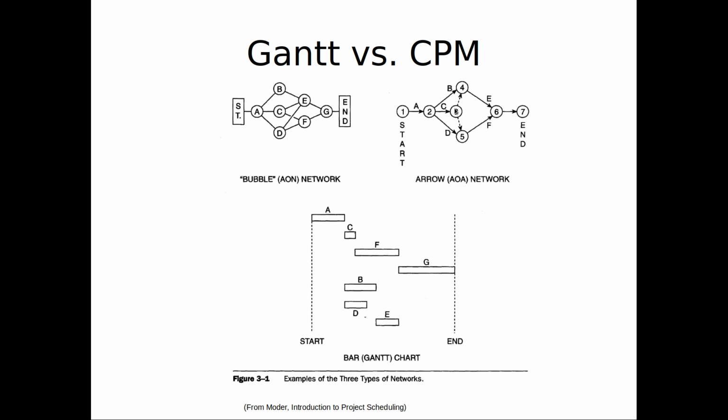It turns out there are two ways to depict this: one is called activity on node, and the other activity on arrow. By far the most common view these days is activity on node. In other words, the nodes of the graph, these vertices, represent tasks, activities, and the links between them, the edges, represent dependencies.